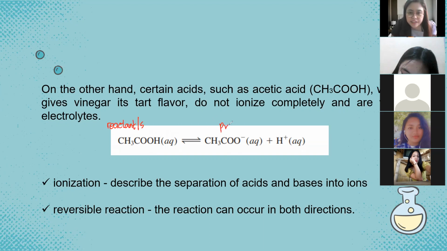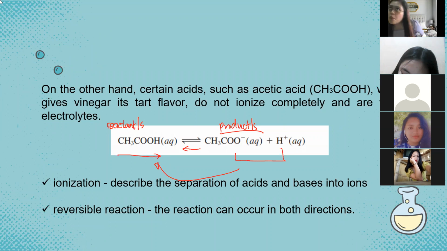And then we have here the product or the products. In the forward reaction, reactants will react to form the products. With the arrow going back, it is a reversible reaction, meaning the products can also react with each other to form the original reactants. So it can occur in both directions. We call that reversible reactions.